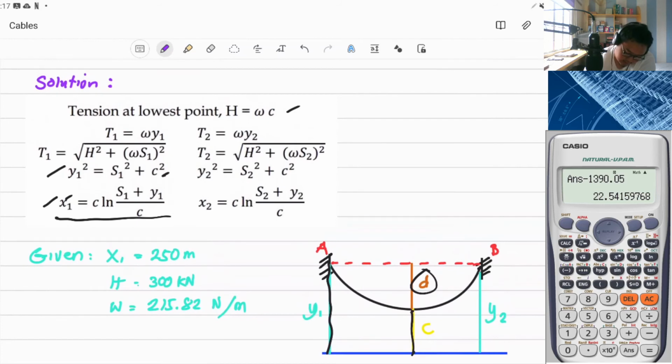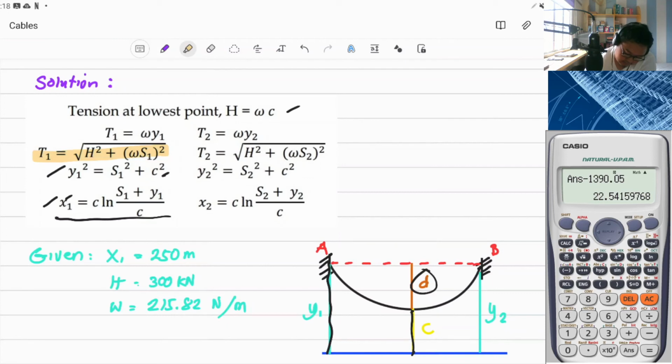We can use this formula. We already have H and W, but we don't have S1.